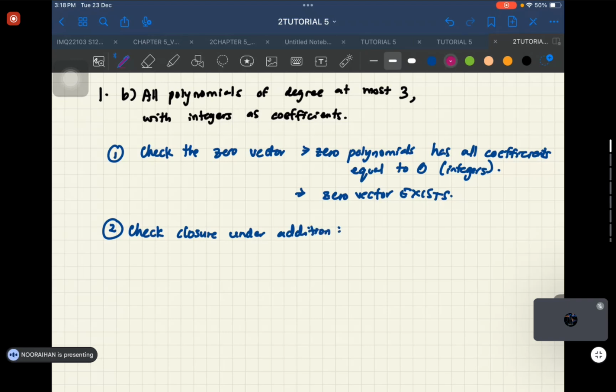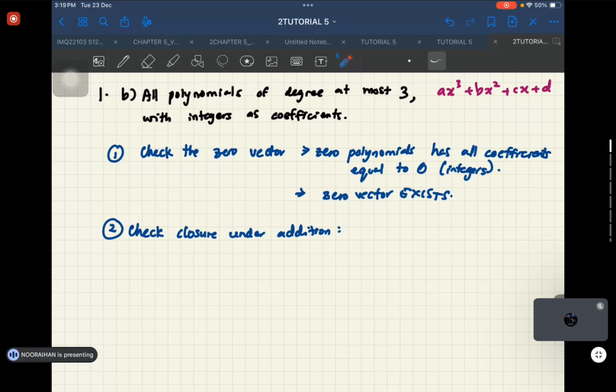So degree 3 means ax to the power of 3 plus bx squared plus cx plus d. In this case, all the coefficients are integers. The coefficients are a, b, c and d. If you substitute all the coefficients a, b, c and d with 0, you will get the 0 vector.